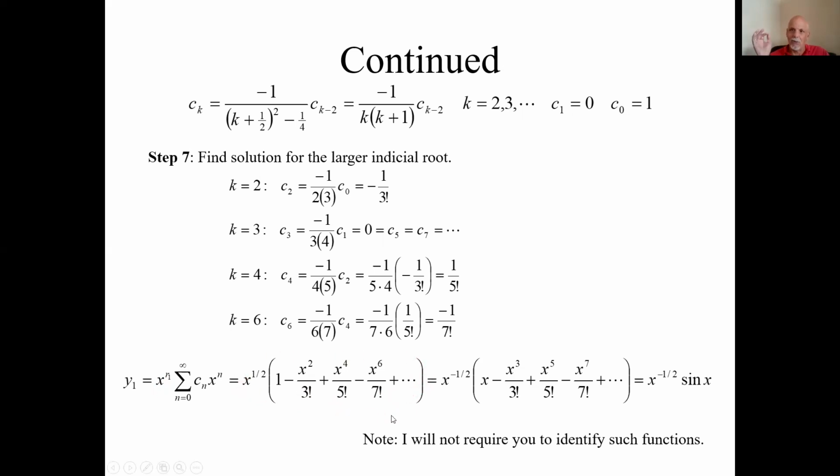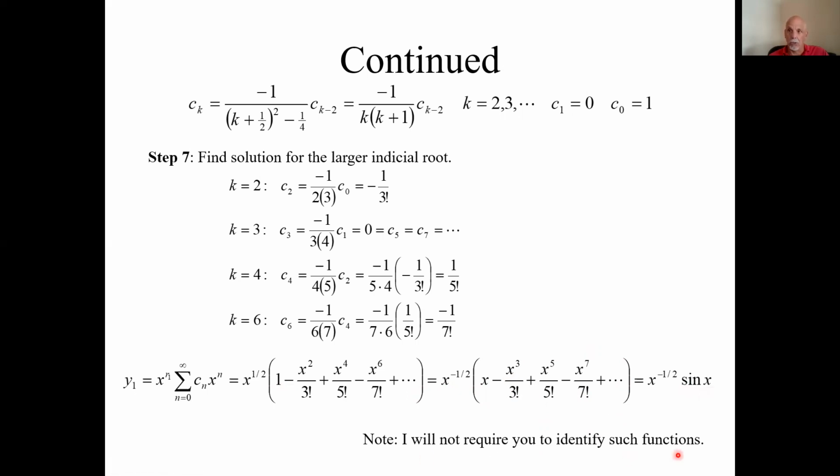Now, if you're clever and know what series a sine takes on, this is the Taylor series for a sine, or the power series. If I factor in an x, anyway, I can rewrite it, pull out a power of x like this, and what's left in parentheses here is the sine of x.